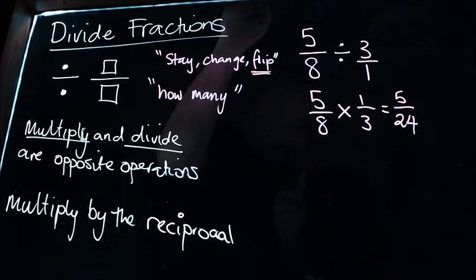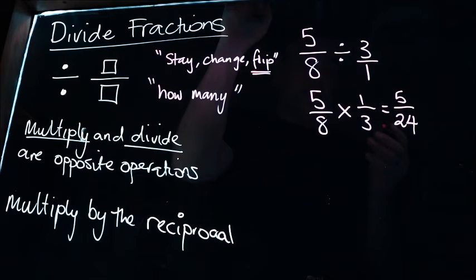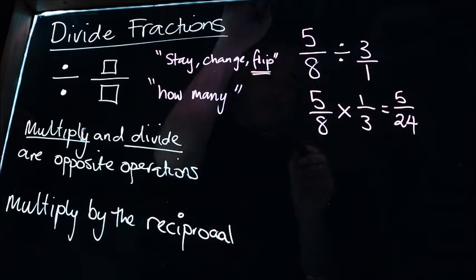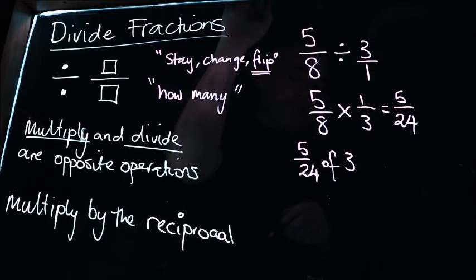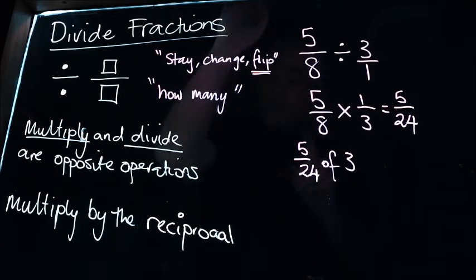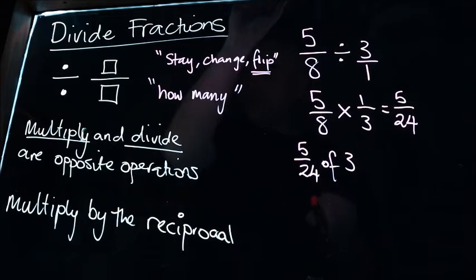So it's really important to understand what that means. We've got 5/24 of 3. That's what fits into 5/8. And multiply and divide are opposite operations of each other.